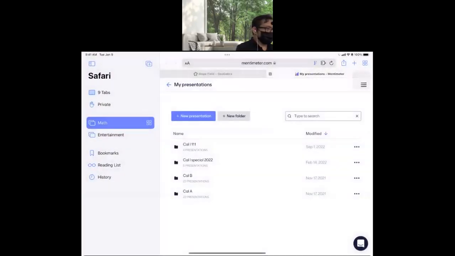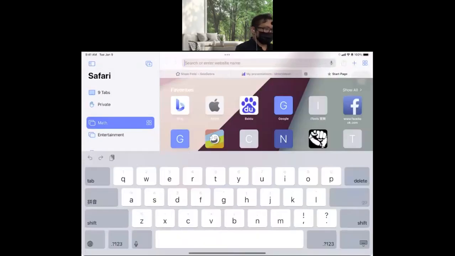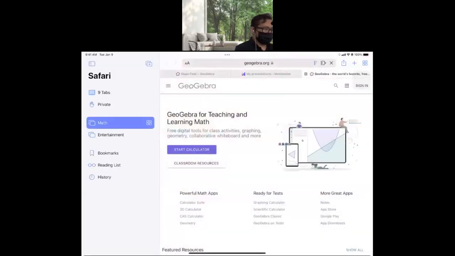Or maybe we can check through our graph. Where is my graph?